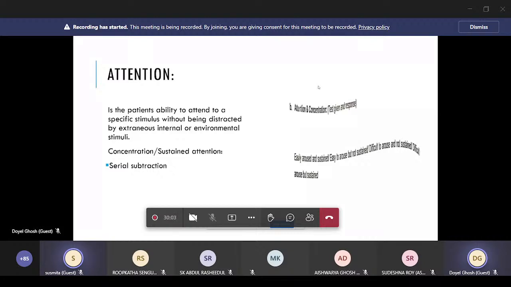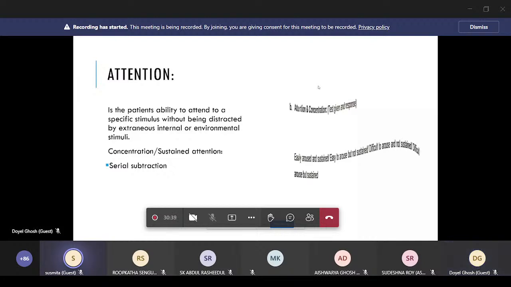If the person is attentive enough, we generally give the impression that attention and concentration is easily aroused and sustained, easily aroused but not sustained, difficult to arouse and not sustained, and difficult to arouse but sustained. These are the four categories that we generally give in the impression. And how do we assess it? We can assess it by digit forward and backward.